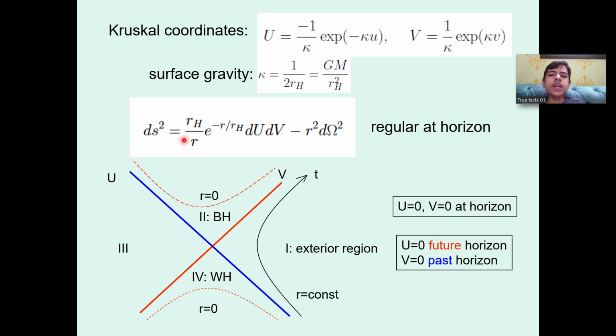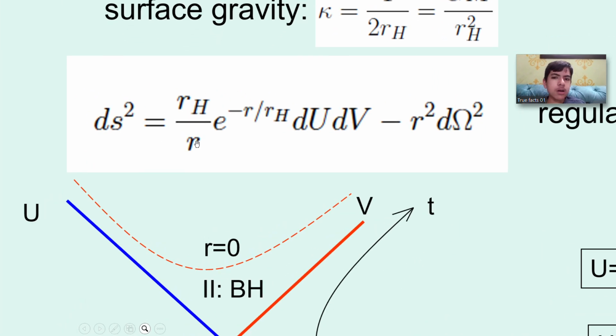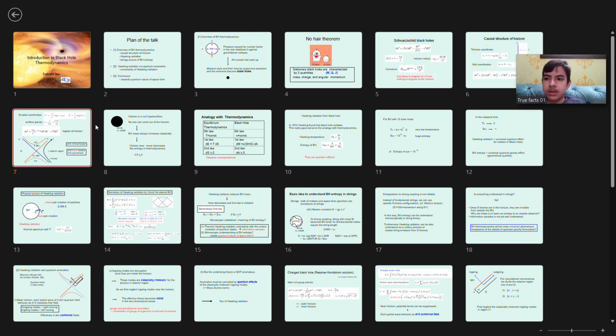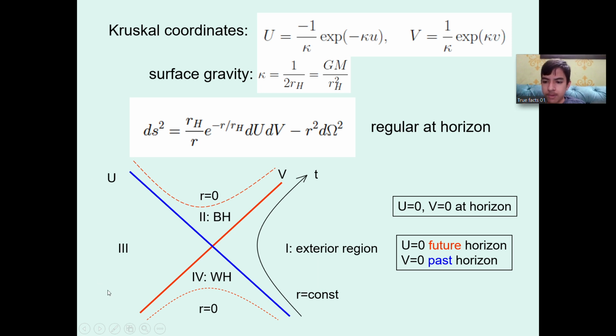Then we have ds squared equals r_h over r e to the power of minus r over r_h dU dV minus r squared d omega squared. That is regular at the horizon.